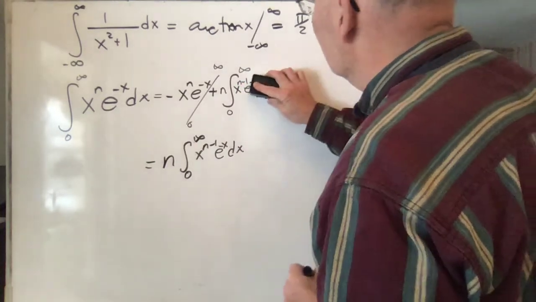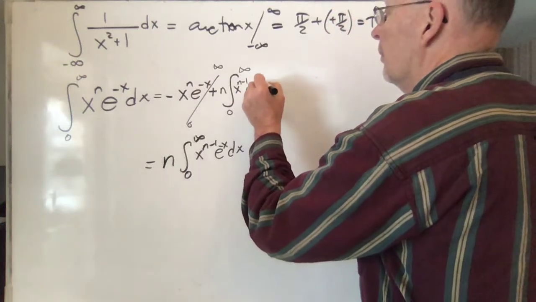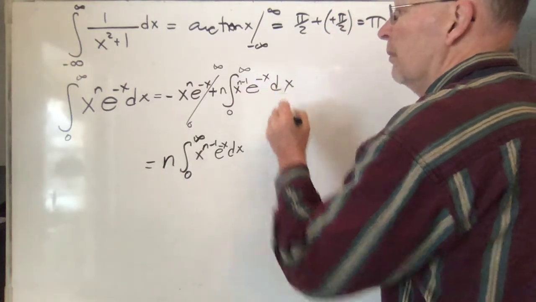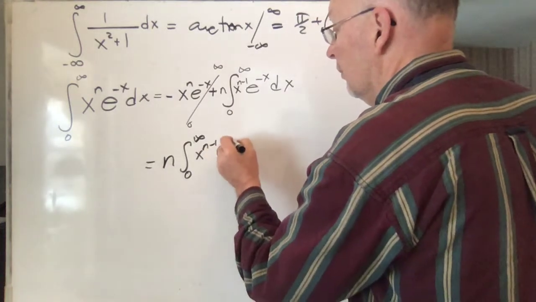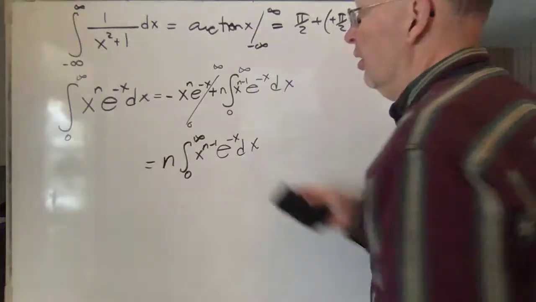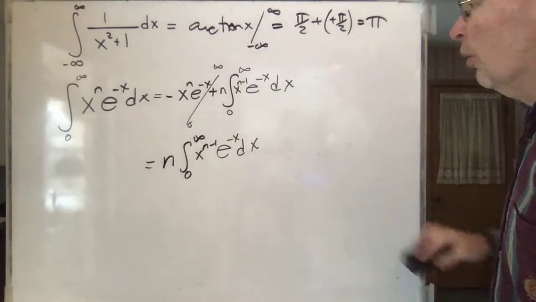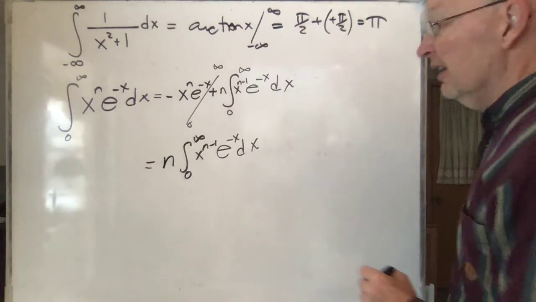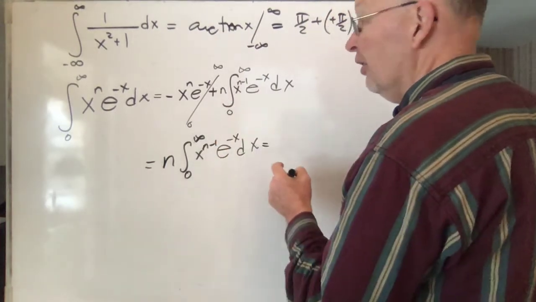Okay, getting just a little bit sloppy here. Let me be a little more careful. Okay, so those things both go to 0, and you just get this. Well, now, that's all fine and dandy, but notice we have this, but we can use the same result again.